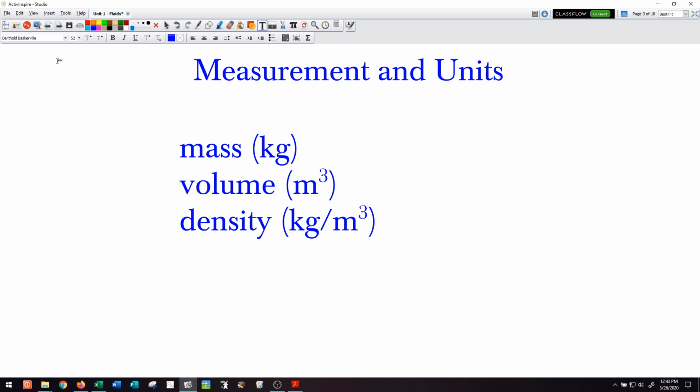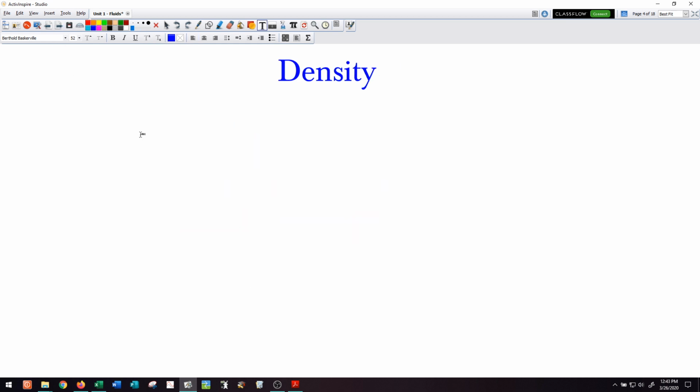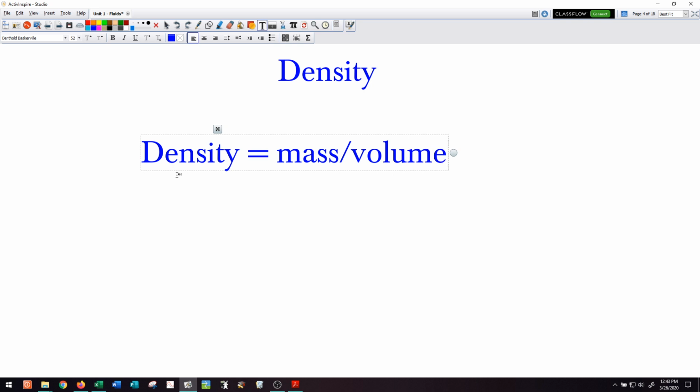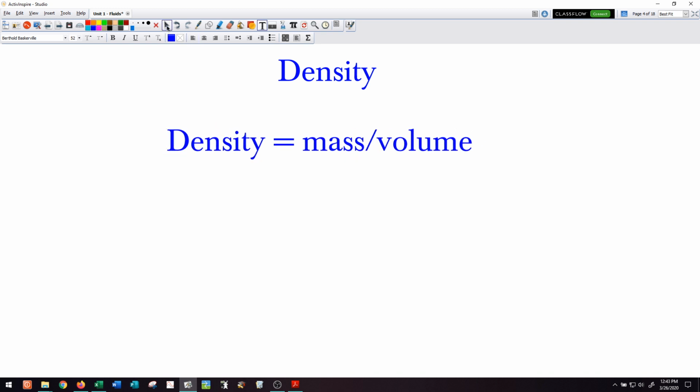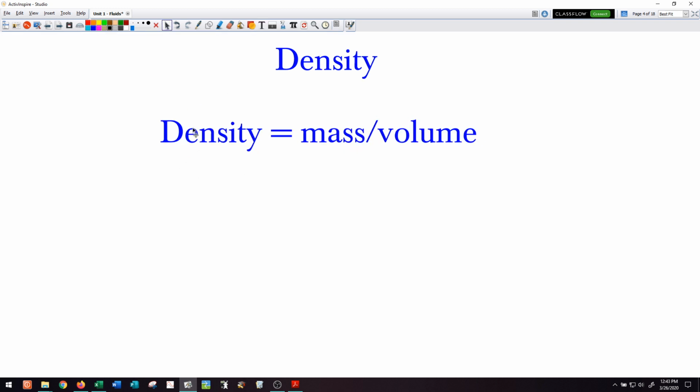All right. Now, of course, the definition of density is always the mass divided by the volume. What's nice about this is that if we know the density value is a known quantity, a constant, then if we know one of these two terms, we know the other.